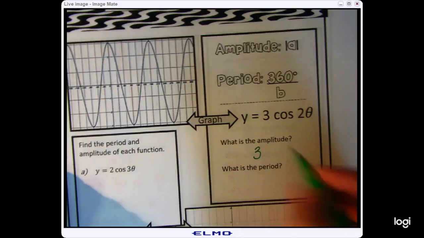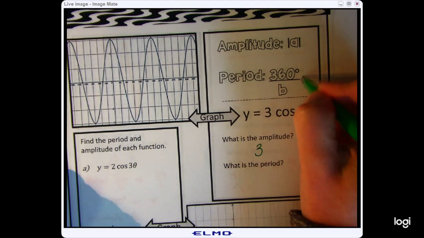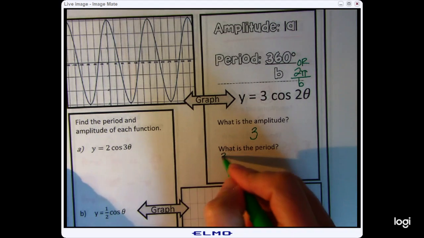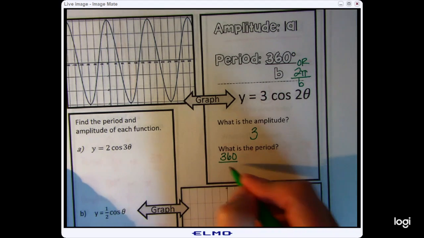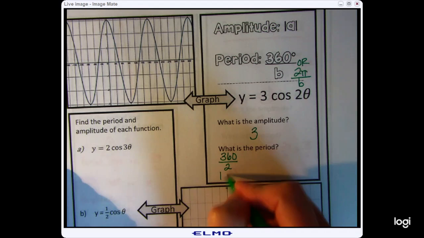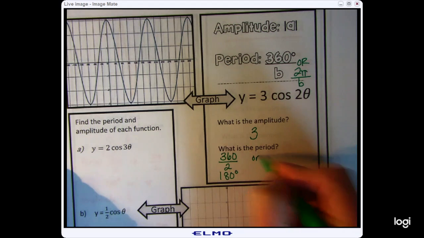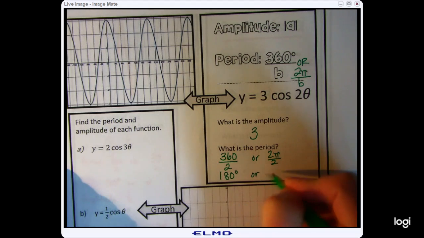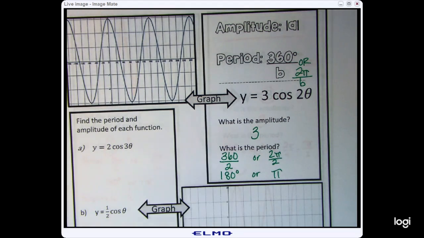What is the period? I am also going to put here, 2 pi divided by B. All right, 360 divided by 2 is 180 degrees, or 2 pi divided by 2, or every pi radians.